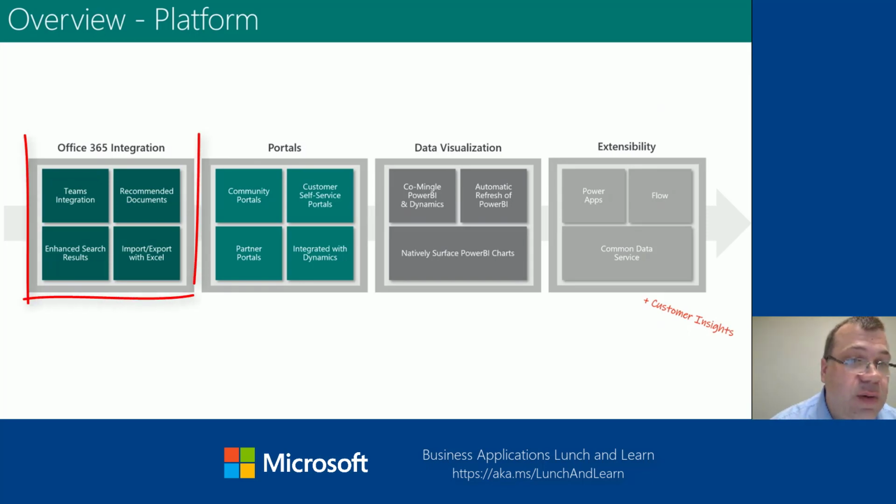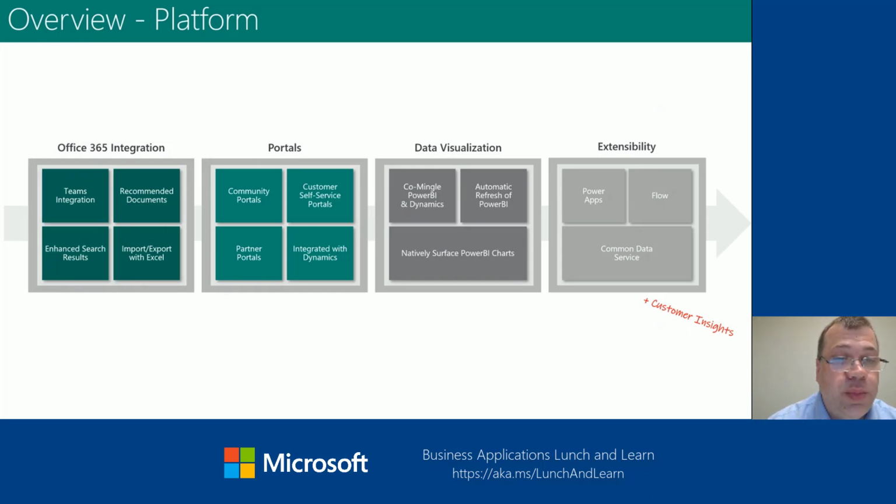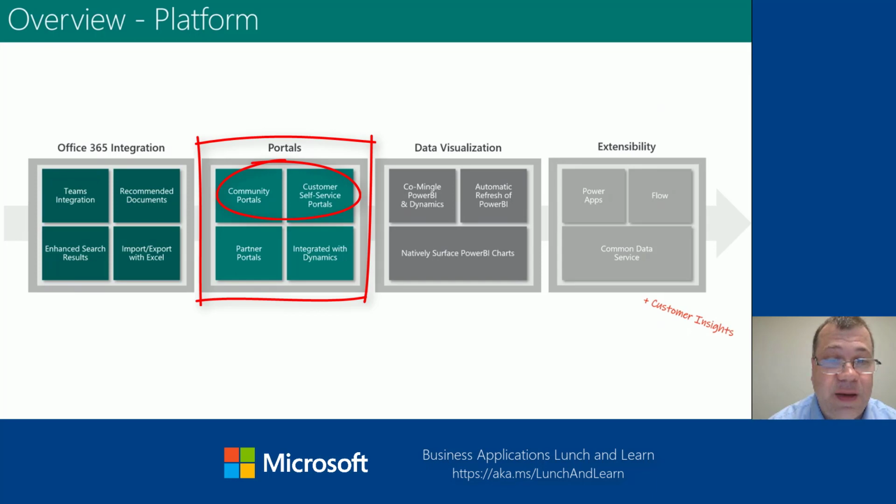Starting over on the left-hand side with Office 365 integrations, some of the capabilities that you get around Teams and the Excel Online capabilities. Moving on to portals, which is something that you only get online as well, with the community portals and the tight integration with Dynamics, so that you don't need to stand up these things on your own.